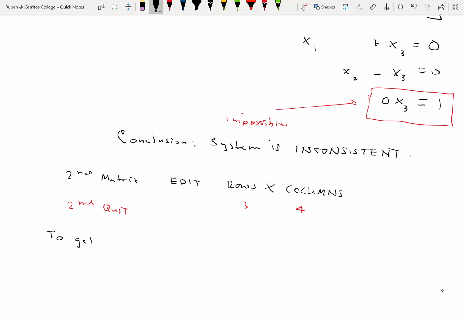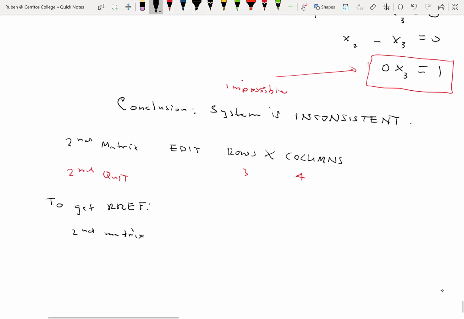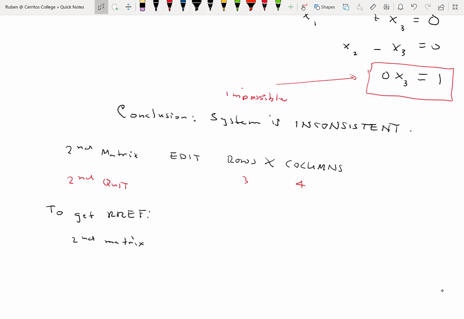So to get the reduced row echelon form using the calculator now, push second matrix again, and we want to perform matrix arithmetic or matrix math. So get the cursor over math, and you notice that there's some things there.